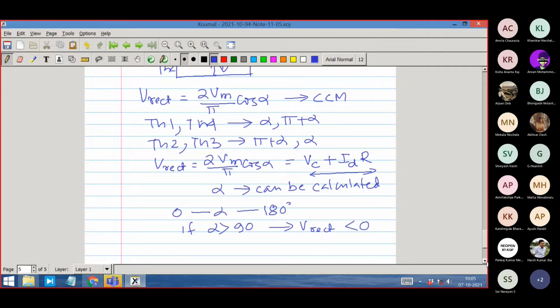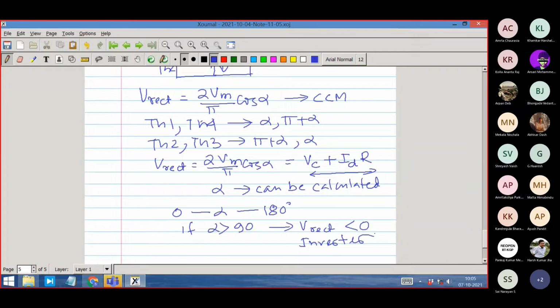It implies that the actual power is now flowing from the DC side to the AC side. So this is called the inverter operation, when the power is flowing from the DC side to the AC side.